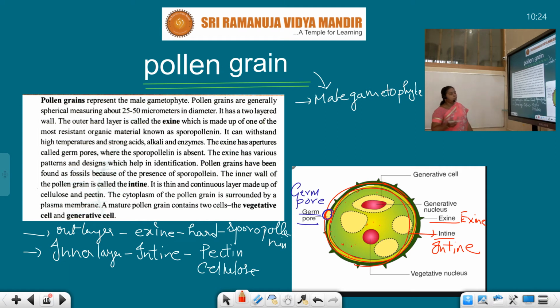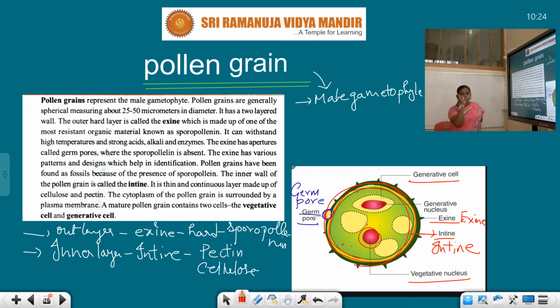A mature pollen grain contains two cells, the vegetative cell and the generative cell. This red circle indicates the vegetative nucleus, and the eye-like thing at the center is the generative cell. So this is the structural description of the pollen grain.